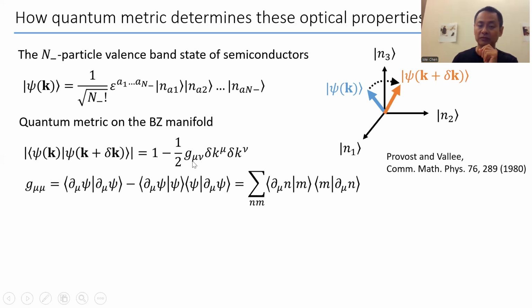And the coefficient in front is what we call the quantum metric. Intuitively, you can think of this valence band state, no matter what, as a unit vector in the many-body Hilbert space, pointing in some direction. When you move to a different momentum, this unit vector is going to rotate.